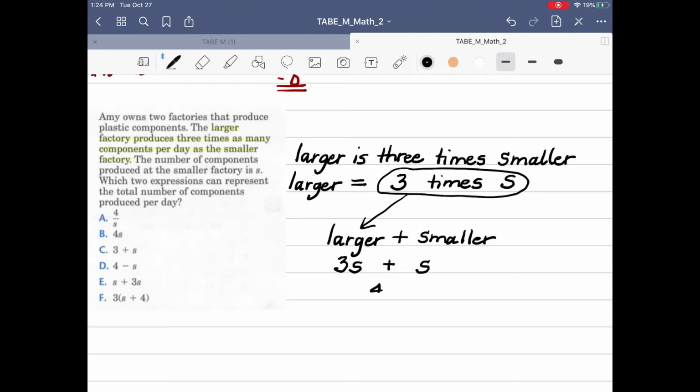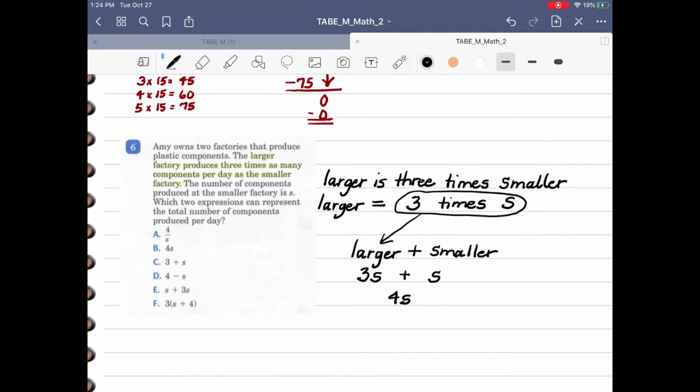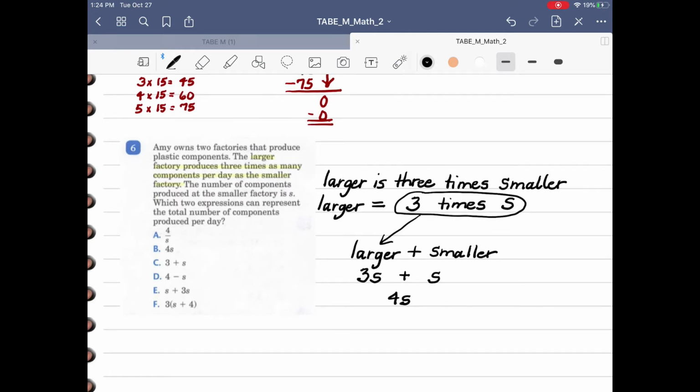So 4S would be one of my choices. That is going to be option B, 4 S's. 3S plus S, that is E. It's just in the opposite order, and that's fine with addition.